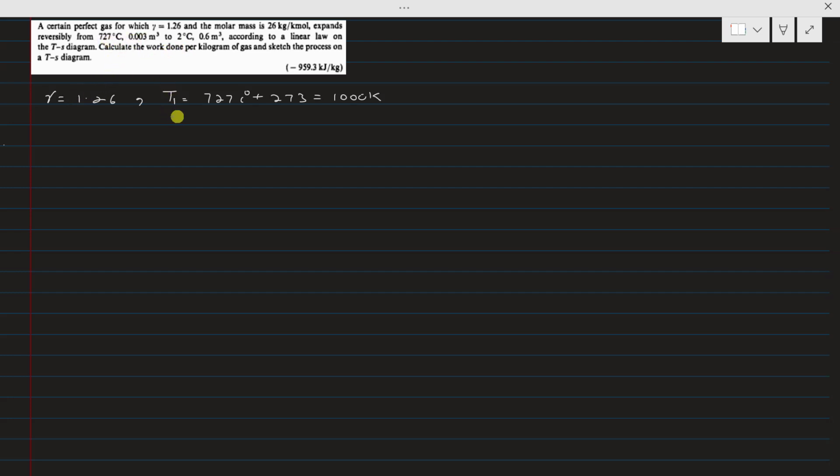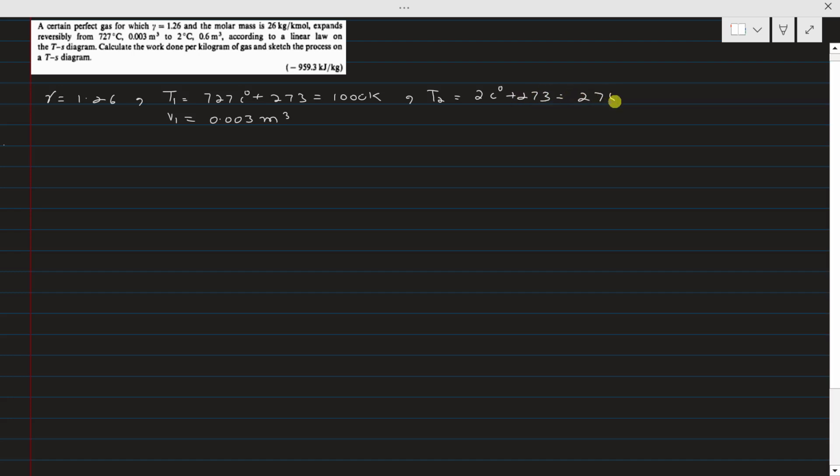The initial volume that is provided is 0.003 meter cube. And the final temperature is T2, that is 2 centigrade. Convert that into Kelvin, so it becomes 275 Kelvin. After expansion, the volume reaches 0.6 meter cube.